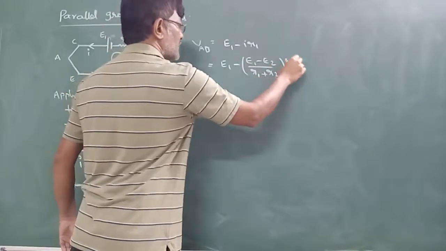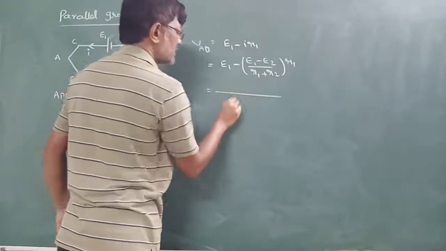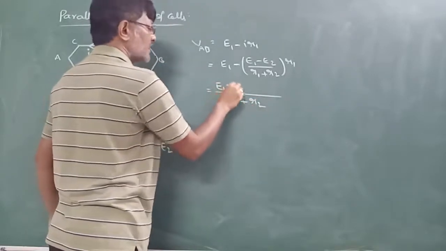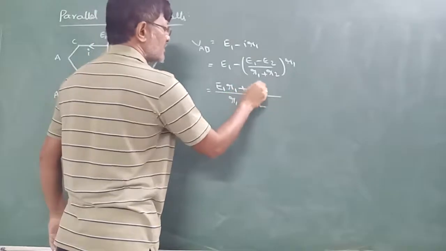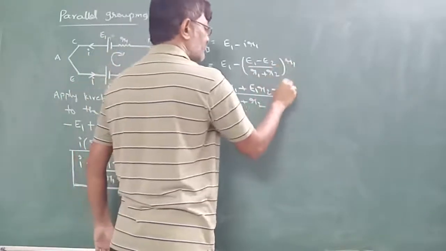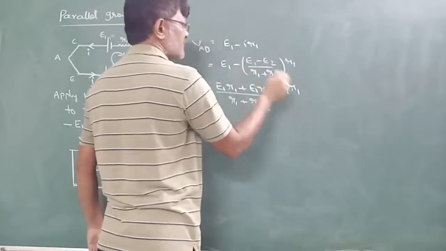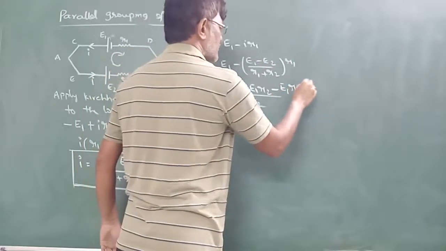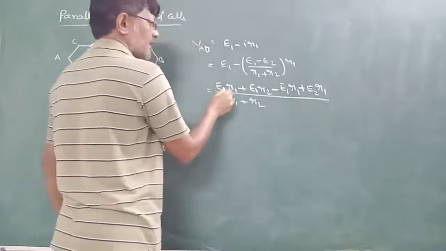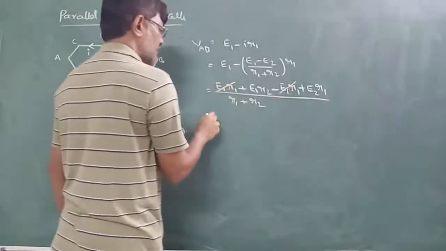into R1. What is LCM? R1 plus R2 is LCM. So E1 R1 plus E1 R2 minus E1 R1 plus E2 R1. E1 R1 minus E1 R1 gets cancelled.